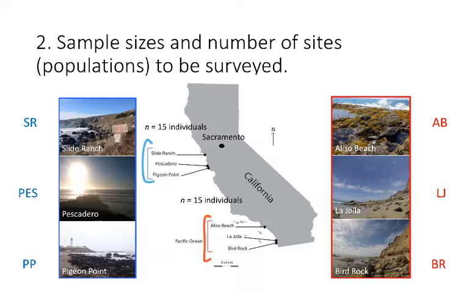For each of those, I'm sampling 3 different geographic sites. And then from each of those 6 geographic sites, I'm sampling 15 individuals. So that's the example of the details you want to provide in terms of sample size and number of sites that you're focusing on.